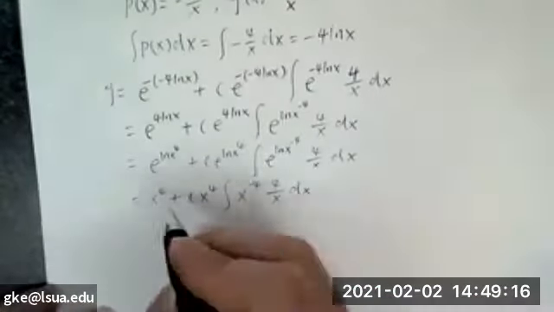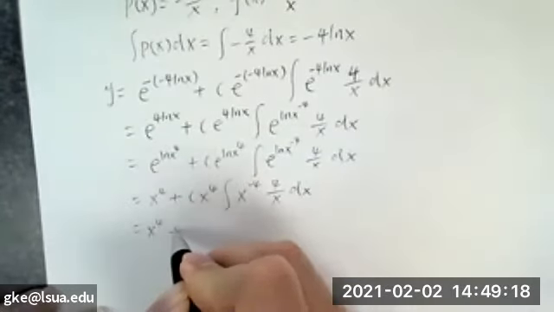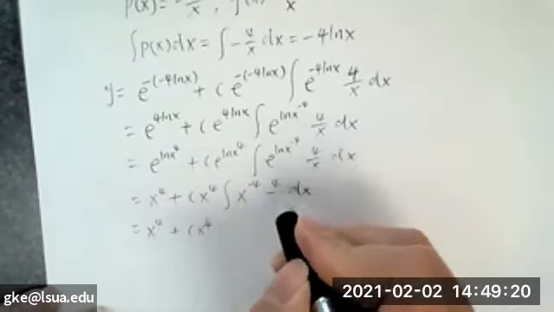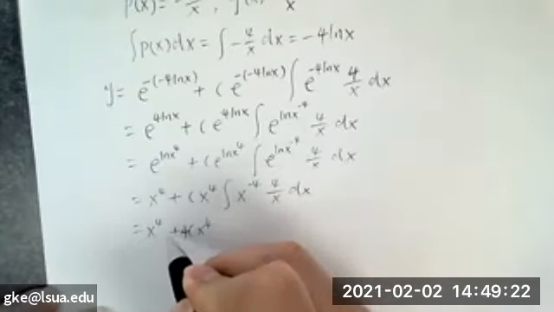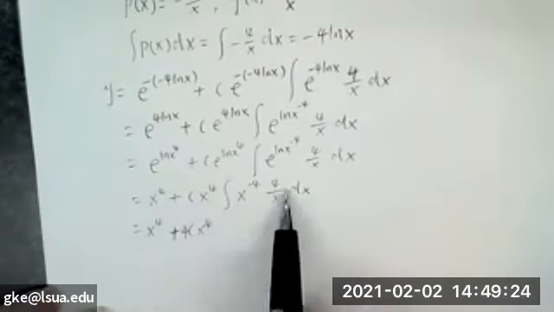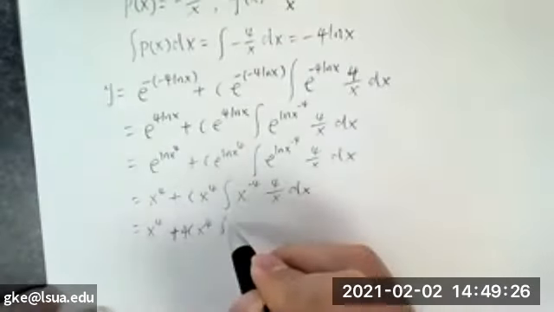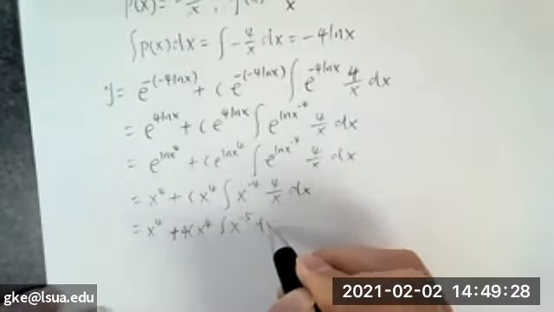We continue to simplify. Put the 4 outside, since 4 is a constant, and this can be written like that.